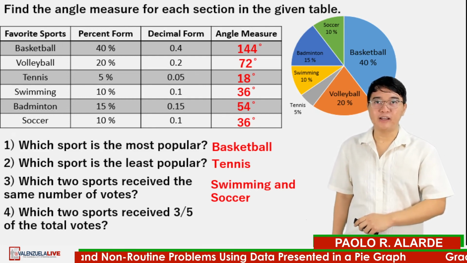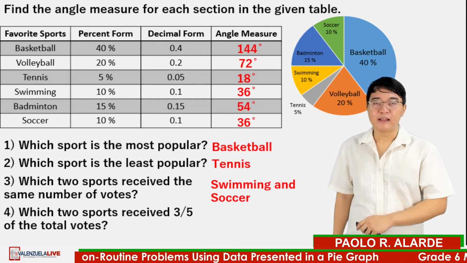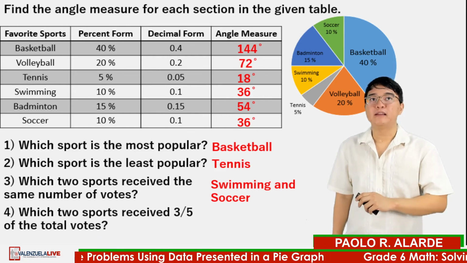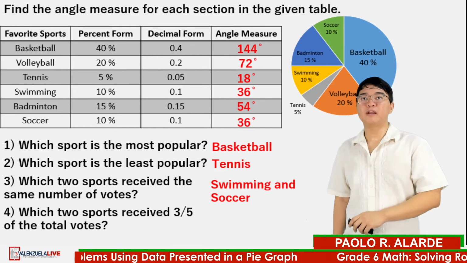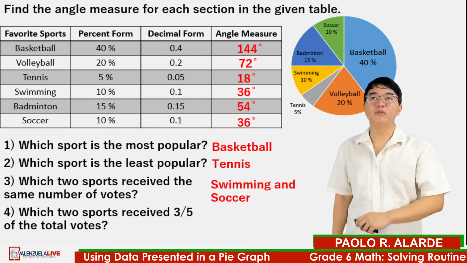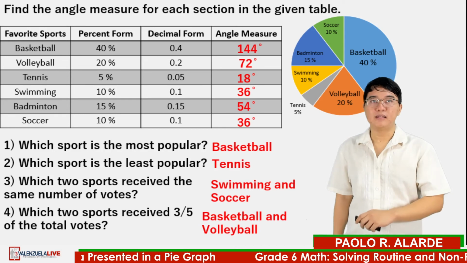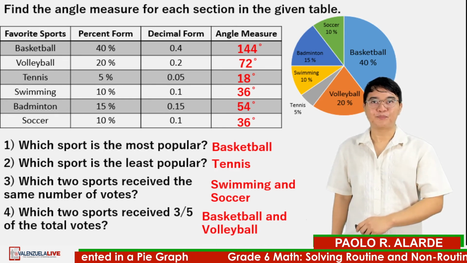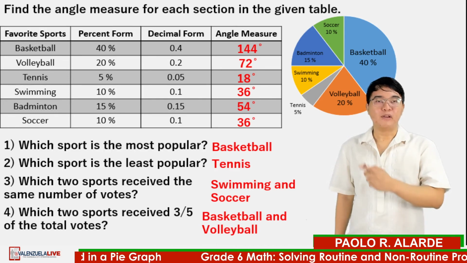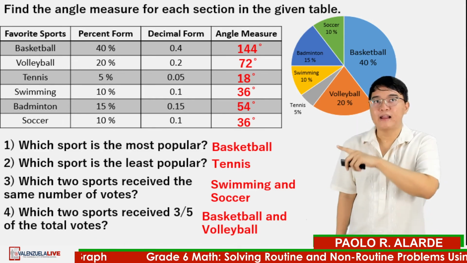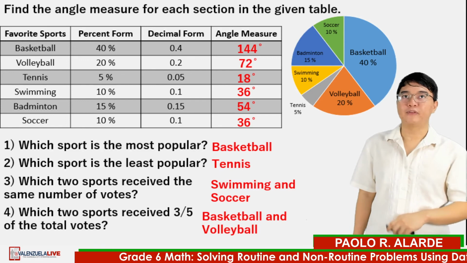So the answer is, obviously, there are only two sports that could give a 60% vote, and those are basketball and volleyball. So that's how we solve problems based on the given data in a pie graph.